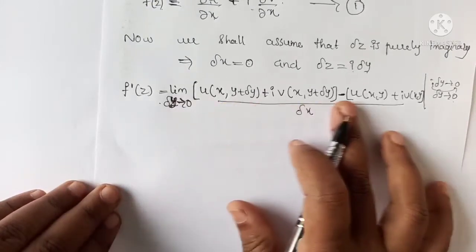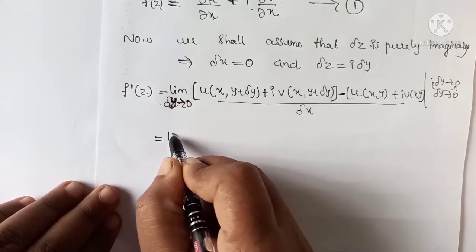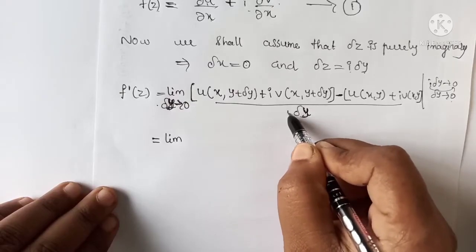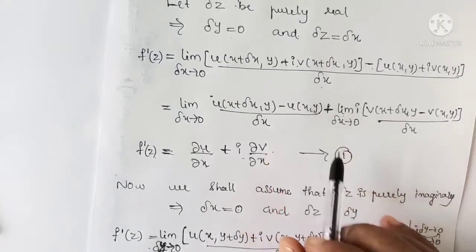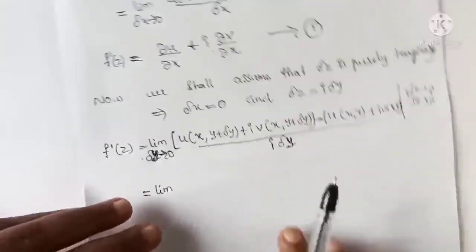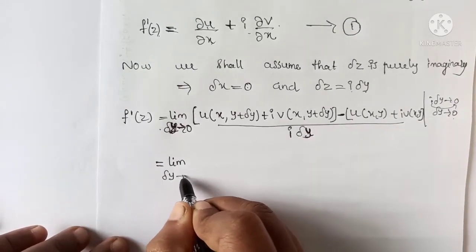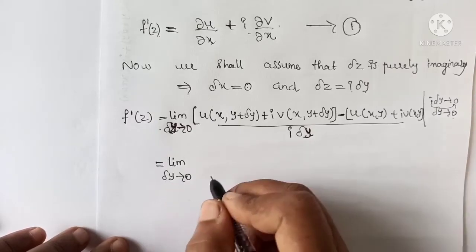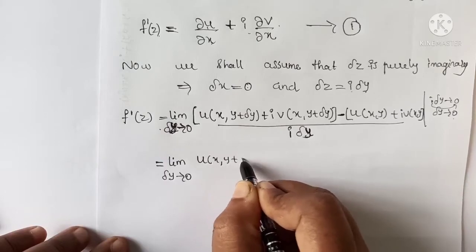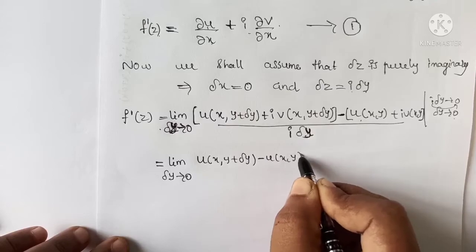Again we group all the u terms one side and v terms one side. In the denominator we get i delta y, because delta z, which is delta x plus i delta y, becomes only i delta y. Now limit delta y tends to 0, grouping all the u terms one side, we get u of x comma y plus delta y minus u of x comma y.